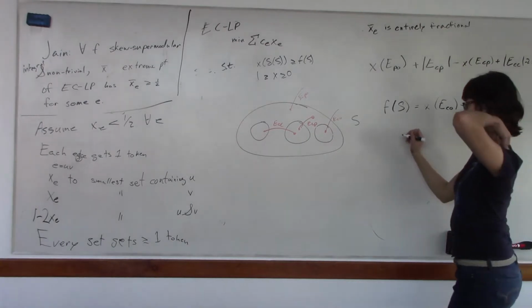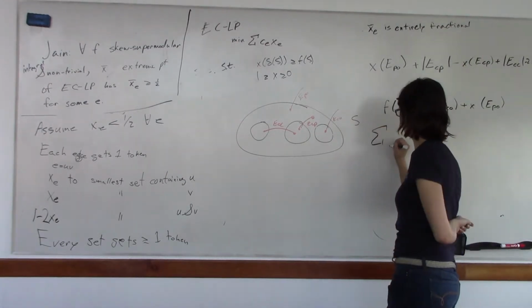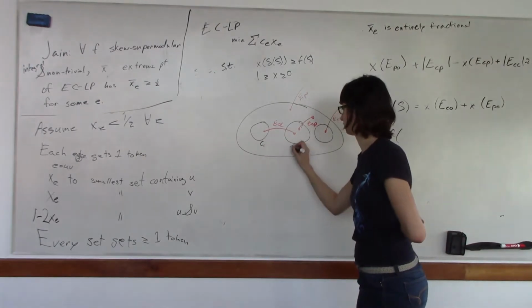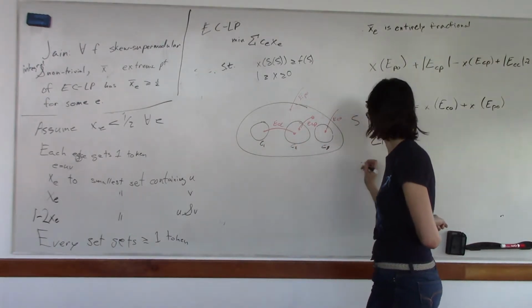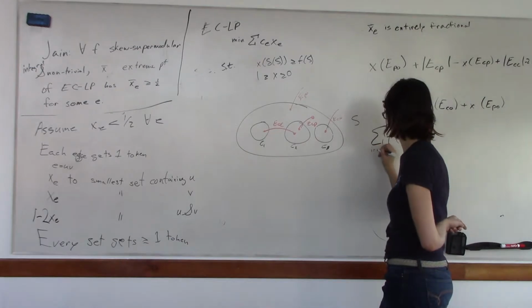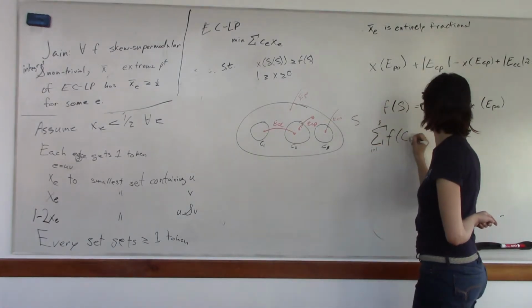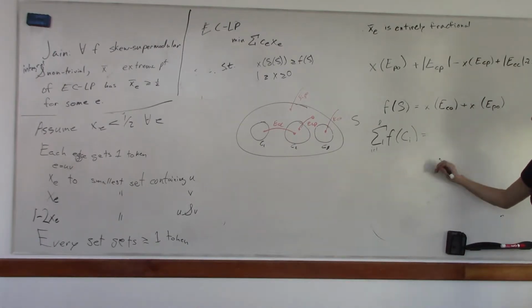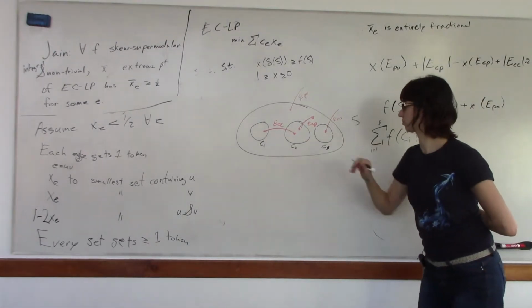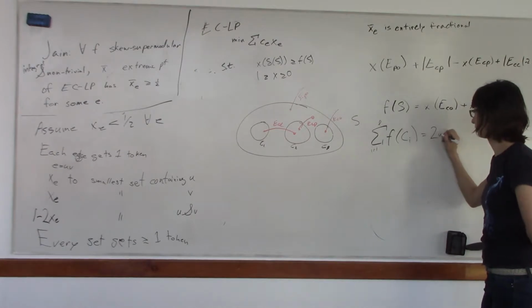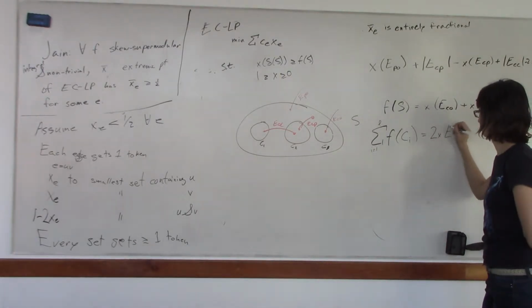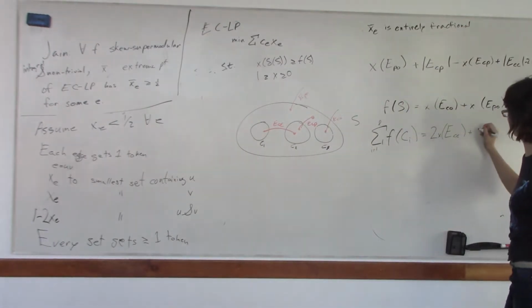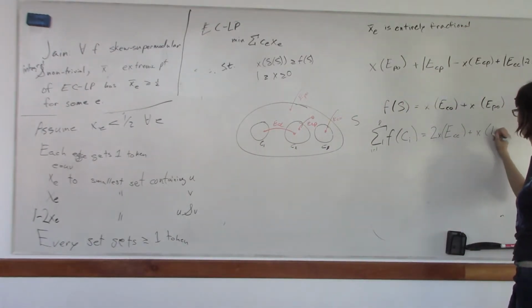And now what if I look at all my children? I'll call this child 1, child 2, up to child L. What is the sum here? Well, I have all the stuff which goes between 2 of them, plus all the stuff that goes across 1 of them.